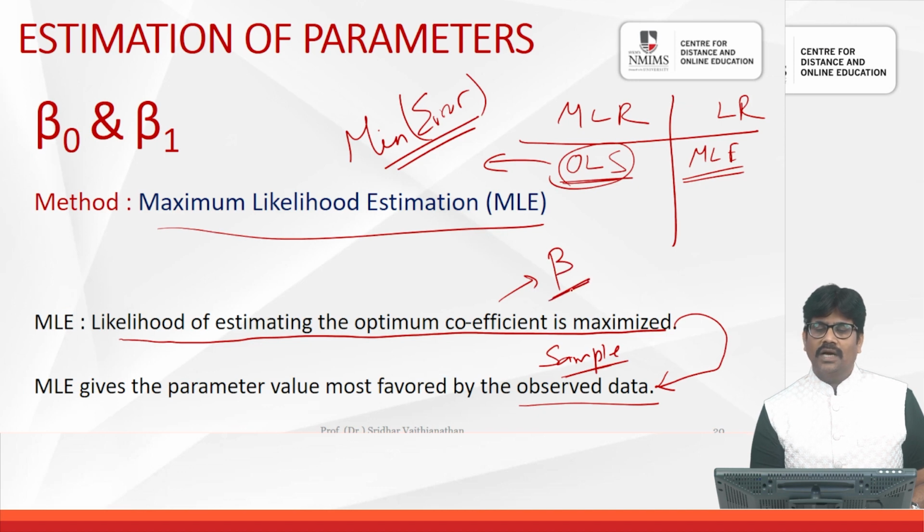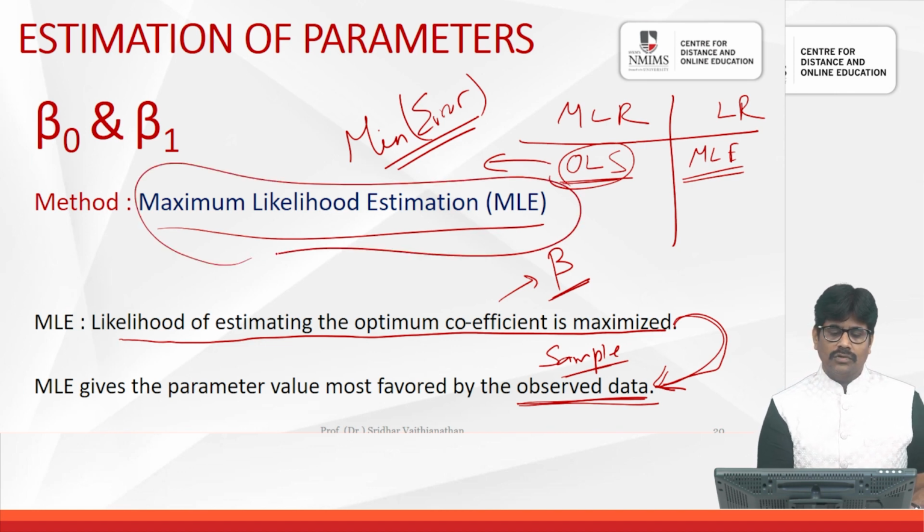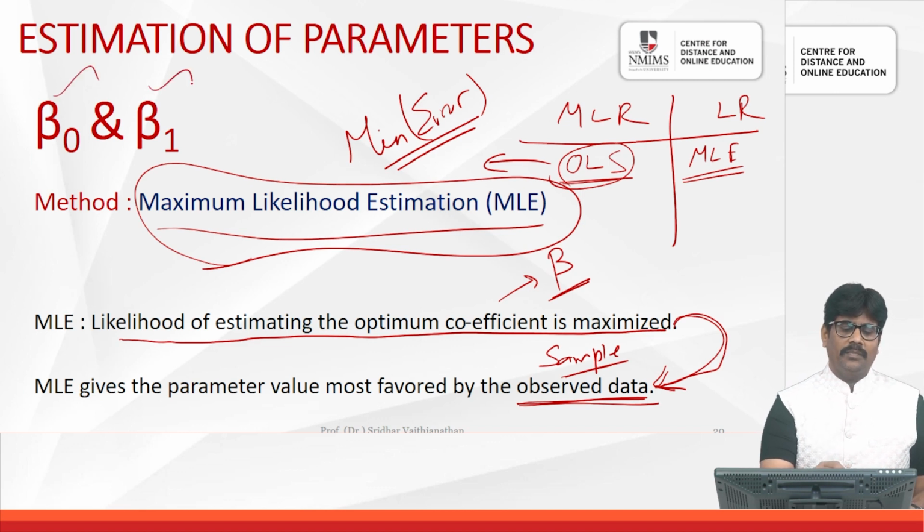It tries to get the optimum coefficients based upon the data. Whatever data you give, based upon that data it tries to make the likelihood of getting the optimum estimate maximum. Based upon that criterion we use maximum likelihood estimation to estimate the parameters.